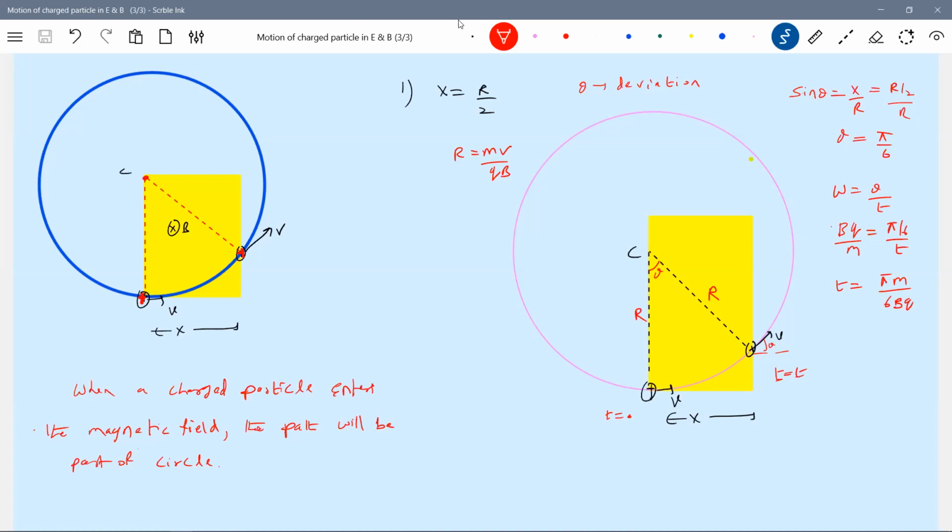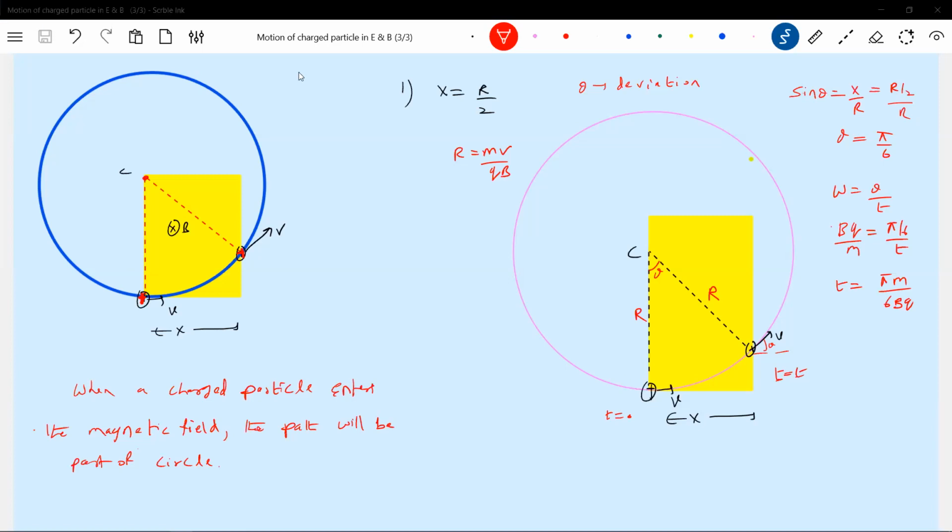I got one response. Let me see. Displacement covered by the particle from the initial moment till it exits the field. Deflection, deflection.